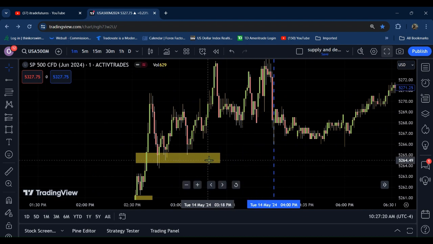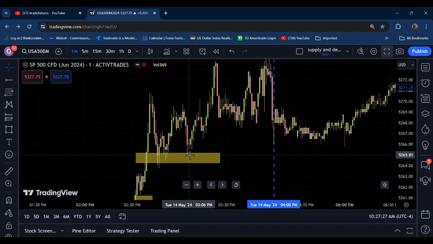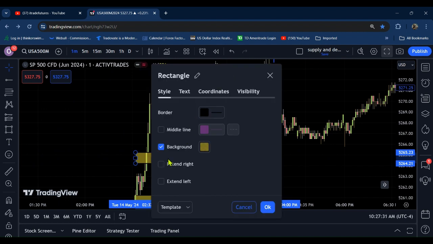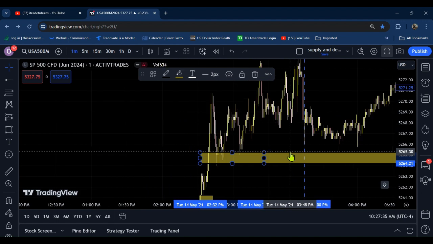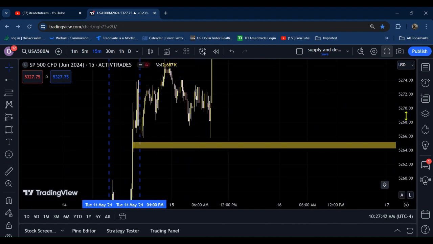That fair value gap is still being respected. If we turn that into an extend, I'm real curious what's going to happen there. Let's see. Extend right. Okay, and then now let's go back to a larger time frame. There's our stuff.